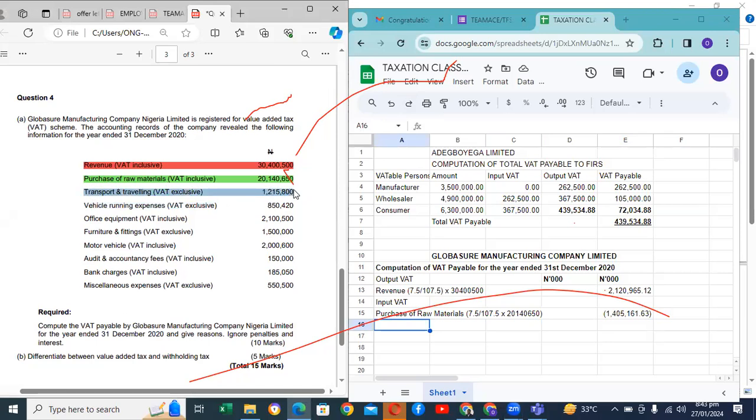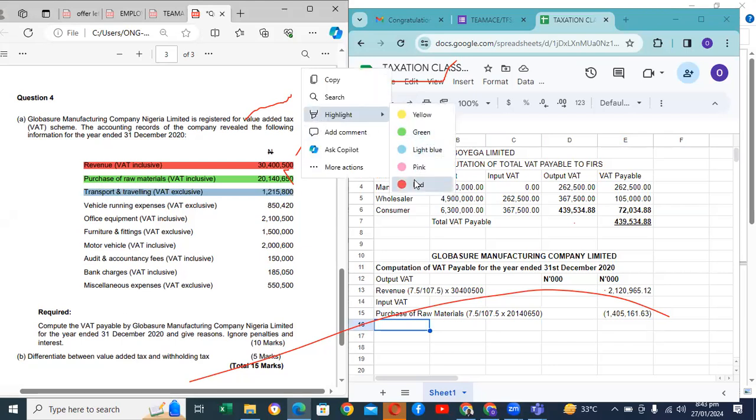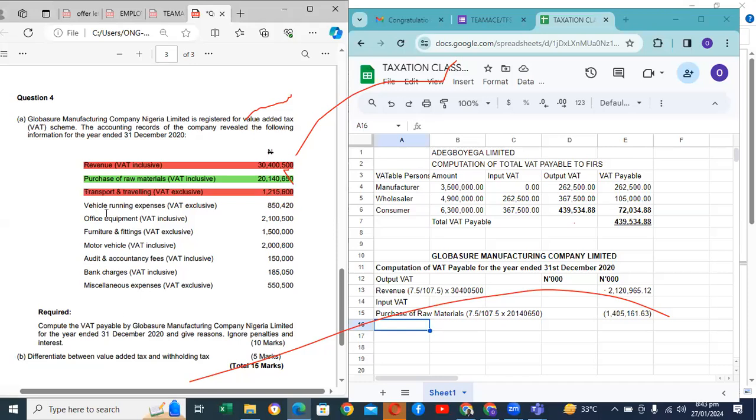Yes, 100% administrative, so it does not form part of your sales. But where the examiner is saying transport and travel, it could be some people in the office traveled. Do you understand? Yes, sir.